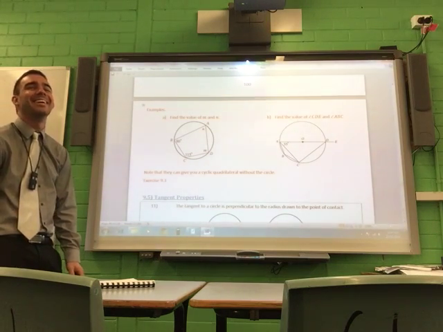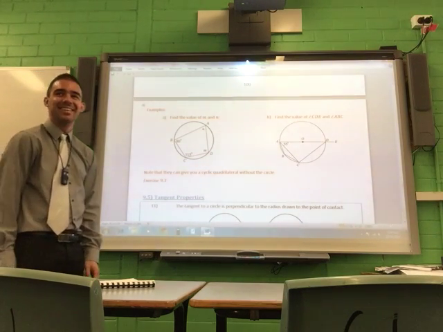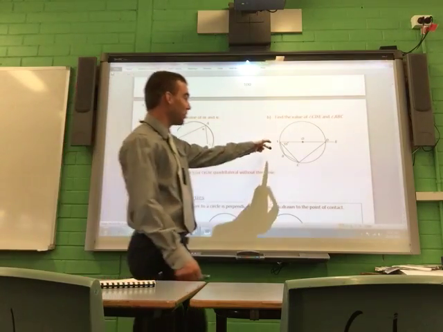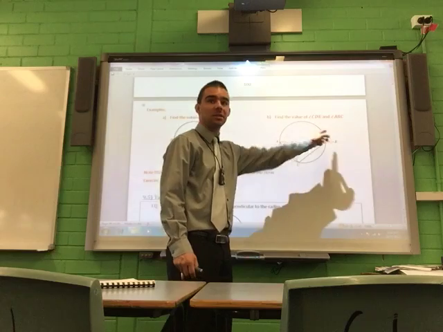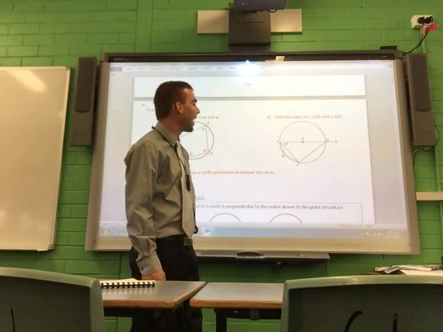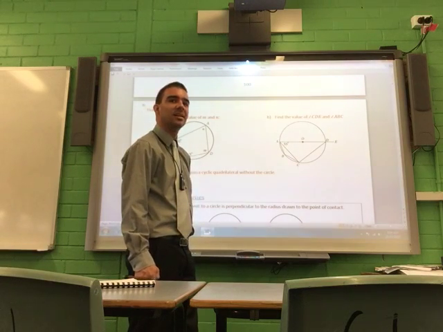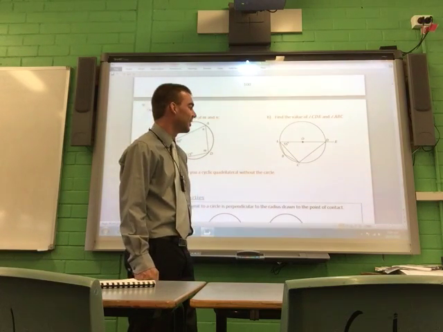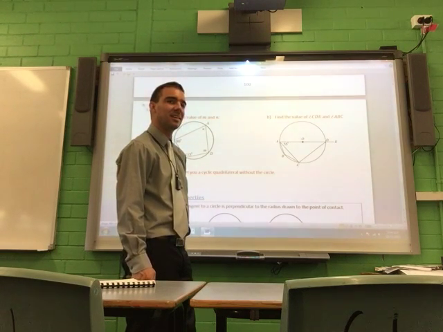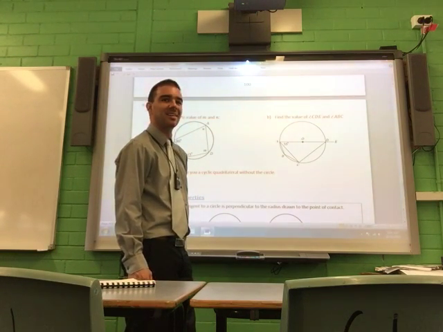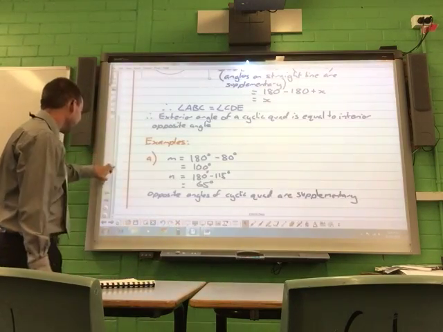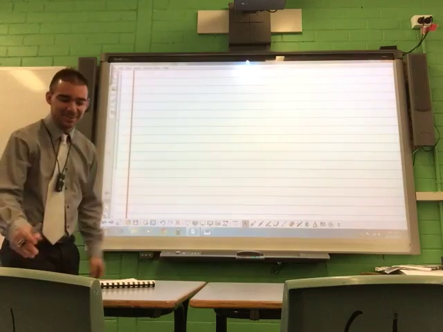Is it because it's on the diameter? The angle at the centre is 180 degrees. We did prove this, that the angle in a semicircle is 90 degrees. AD is 2x, and then ACD is x, so it's half of 180.